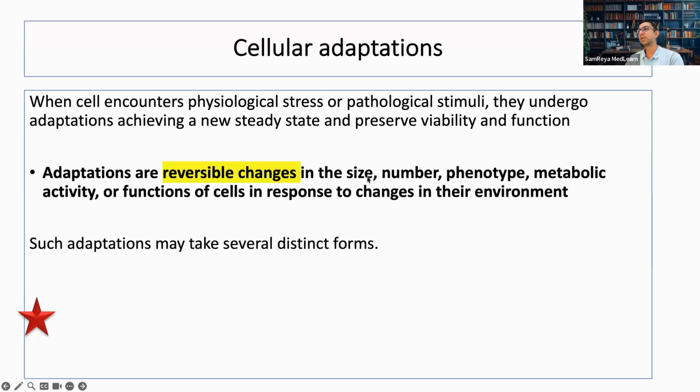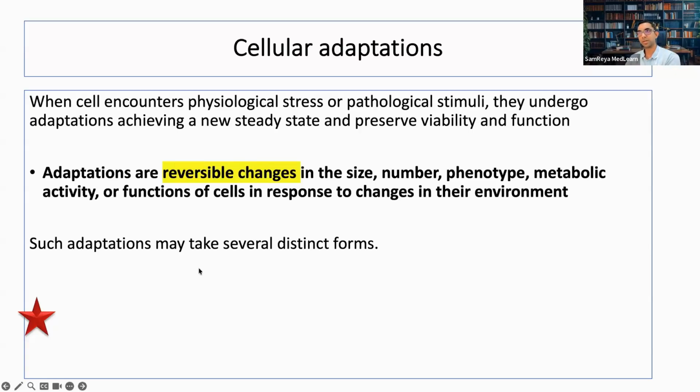These are reversible changes which might occur in size, number, phenotype, metabolic activity, or functions of the cell in response to changes in their environment. Any change the cell acquired while adapting to a situation, if you remove the stimulus causing it, the cell can go back to its original state.